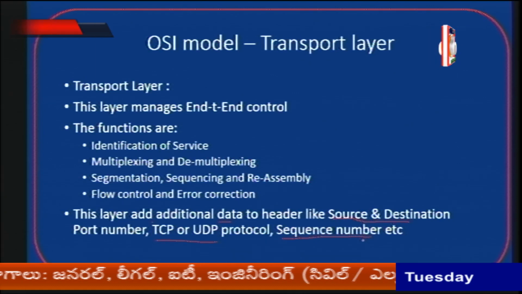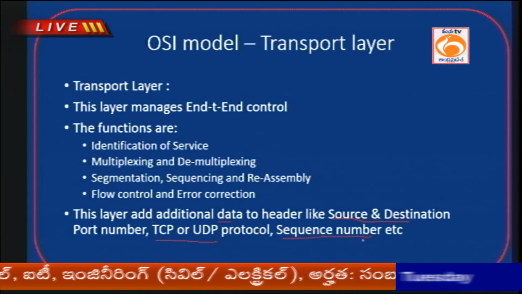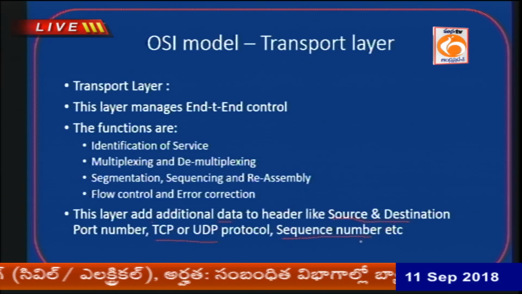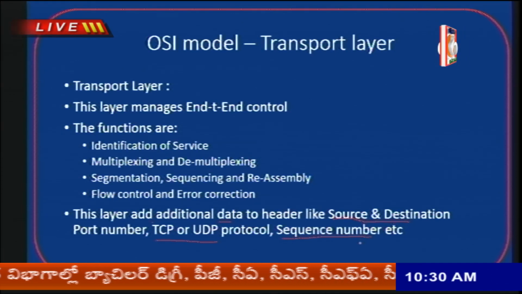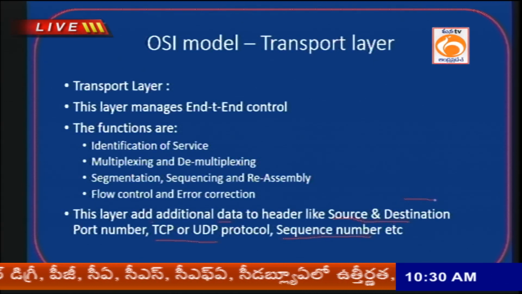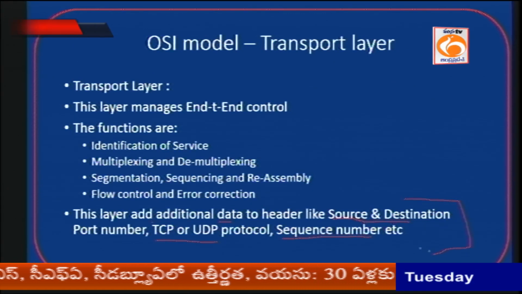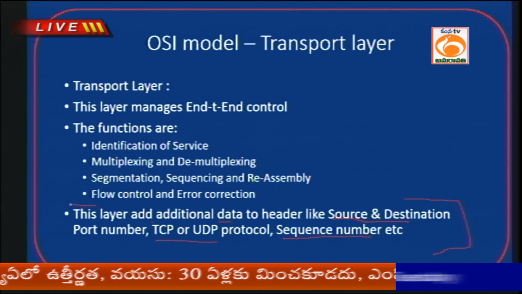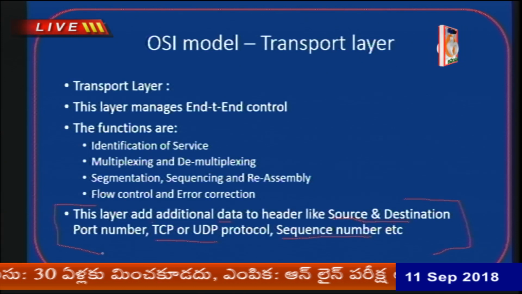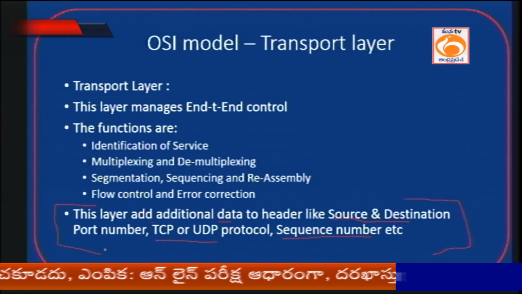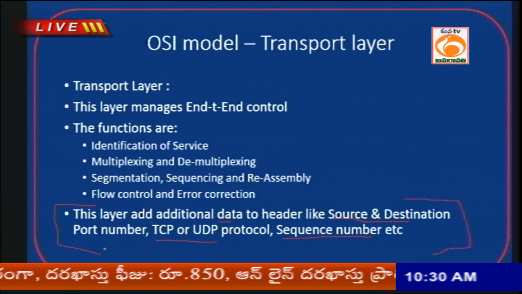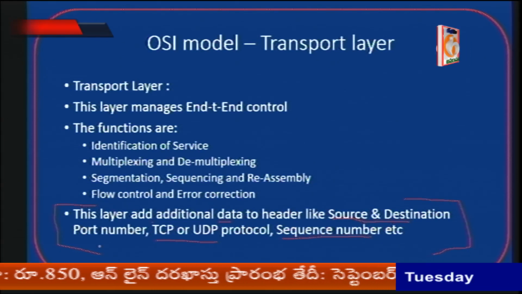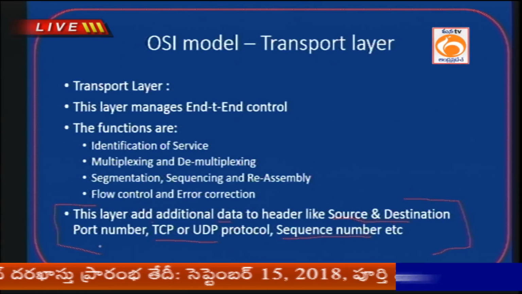When the data arrives from the application layer to the presentation layer, to the session layer, and then to the transport layer, the transport layer adds this additional information to the received data. This process is called encapsulation. Encapsulation is the process of adding additional information to the received data.